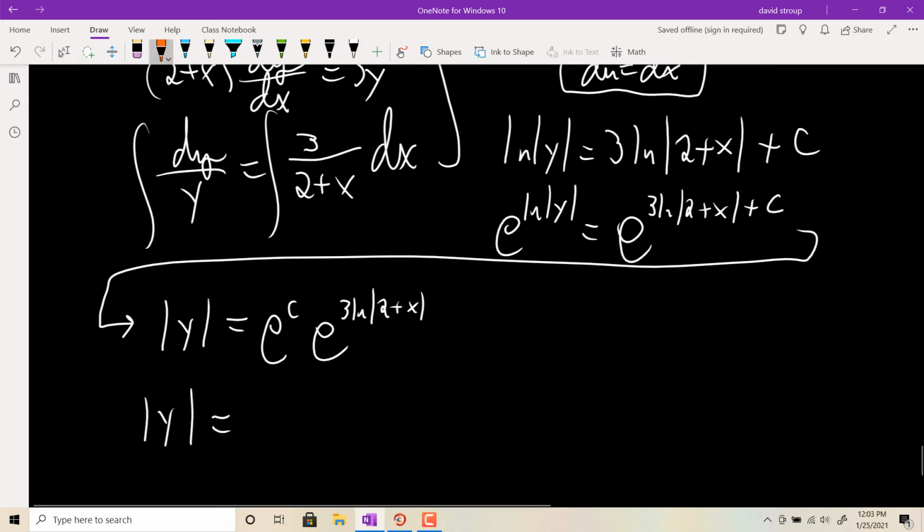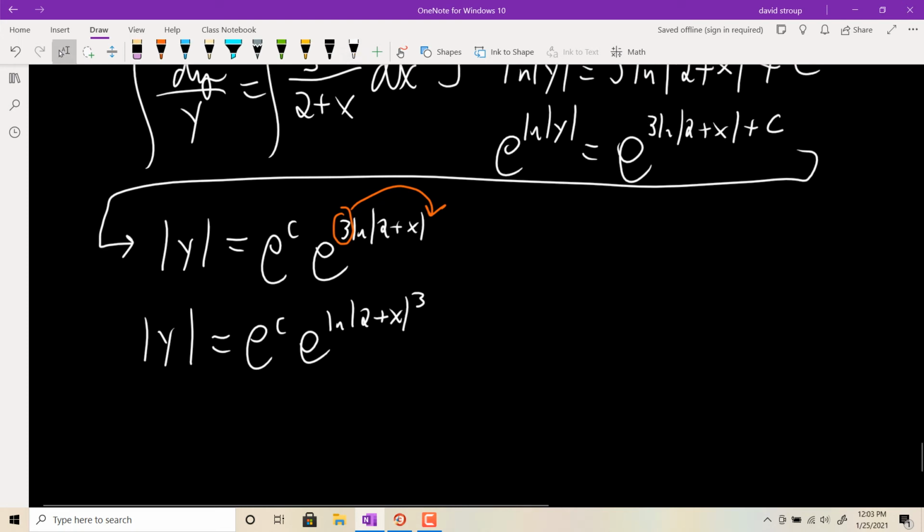Use the power rule to bring this 3 inside, you have to do this before you can simplify. So you have e to the c times e to the ln absolute value of 2 plus x cubed. And then you can simplify this, right? Because the e and the ln are touching, so they will go away. Now e to the c times absolute value of 2 plus x cubed.